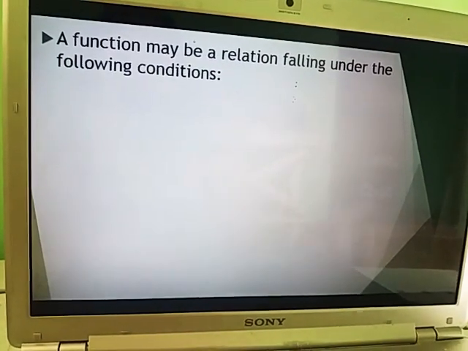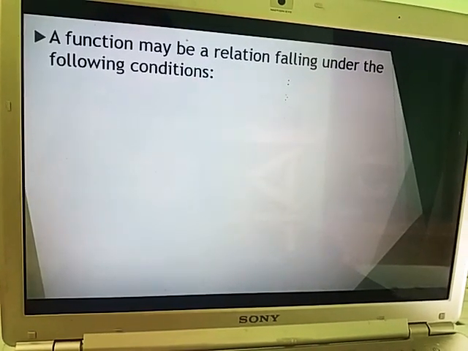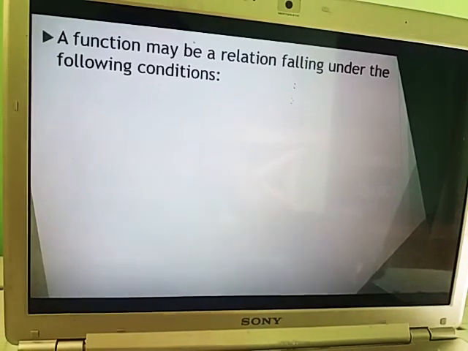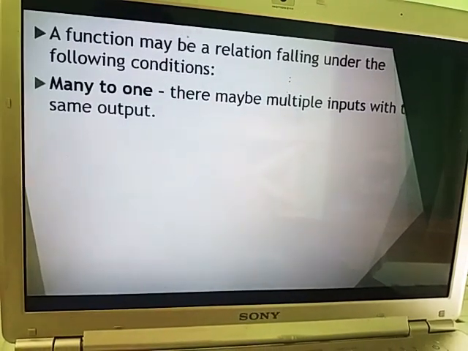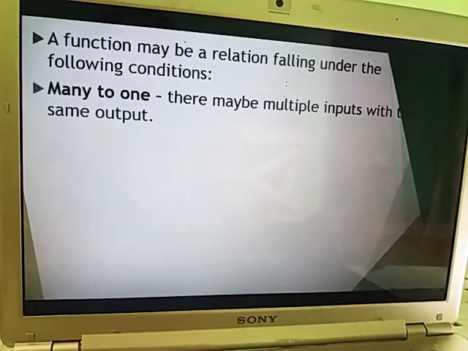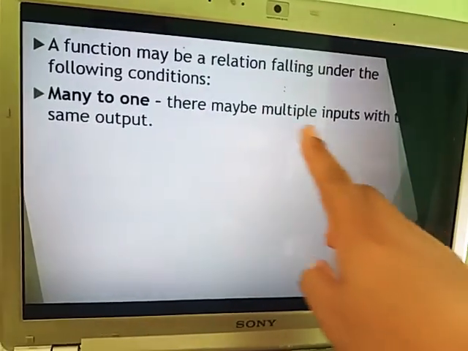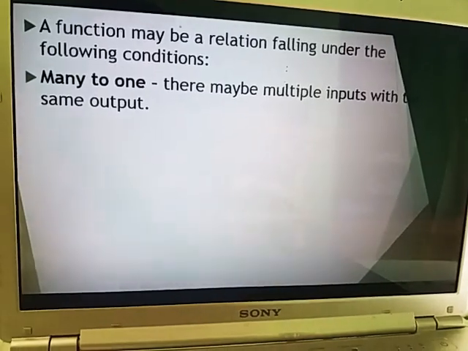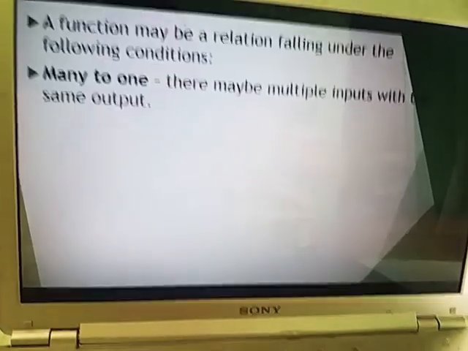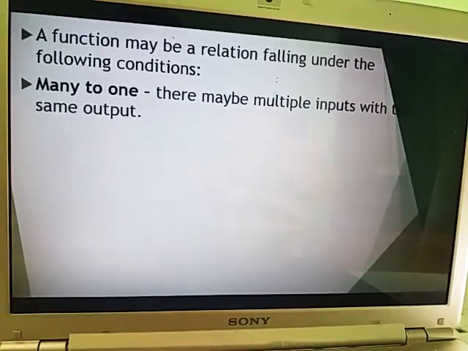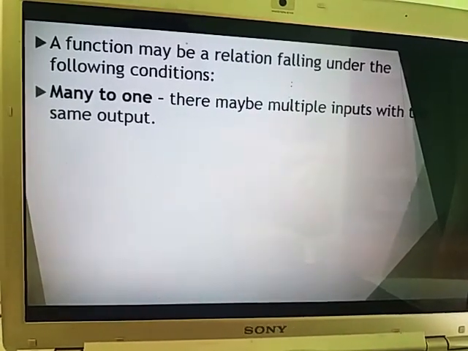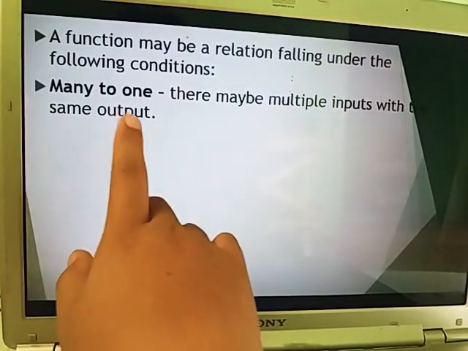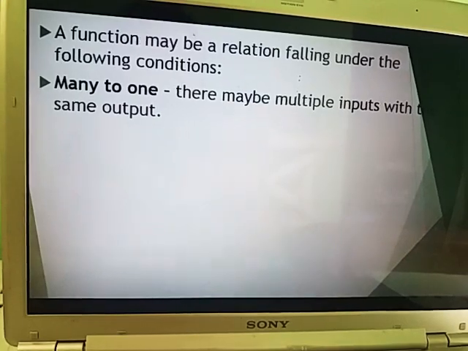A function may be a relation falling under the following conditions. So we have many to one. There may be multiple inputs with the same output. Yun yung example natin kanina na multiple inputs, we have 3 and 5, tapos they have the same output which is 15.